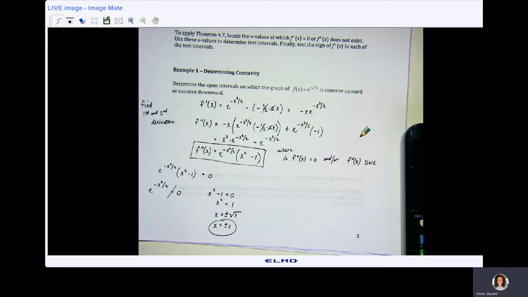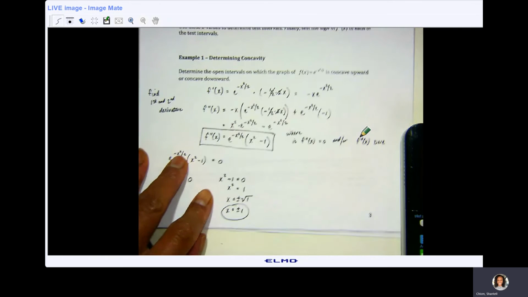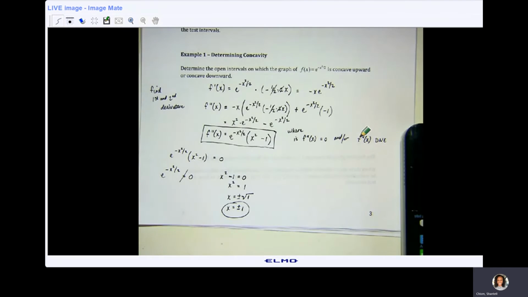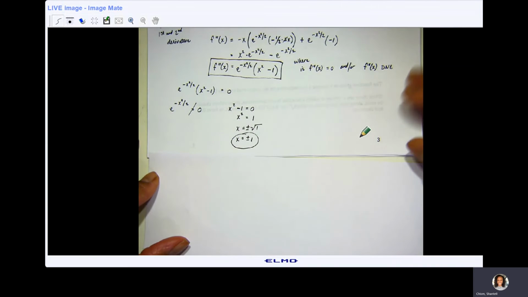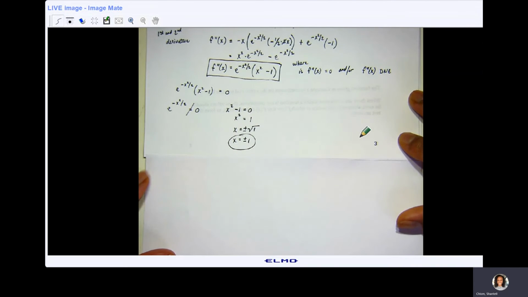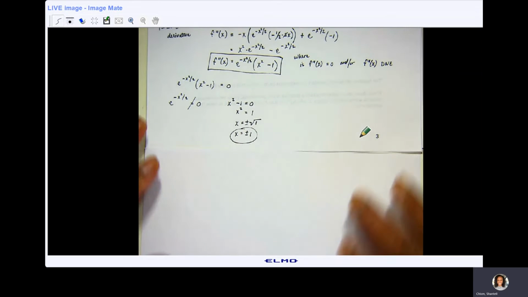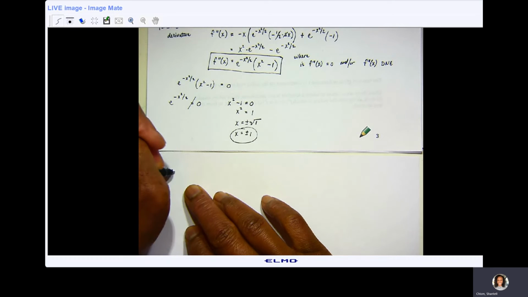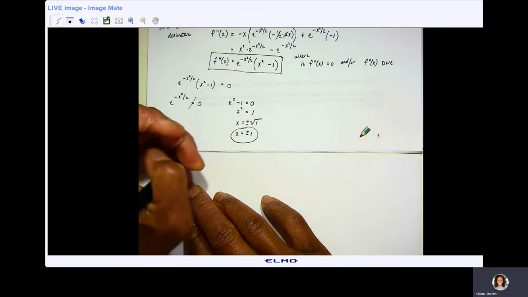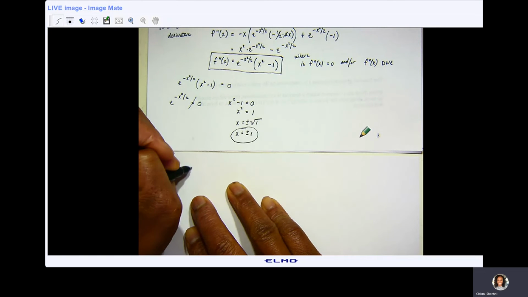So now we're going to use those values to set up our intervals, okay? Keep in mind our original function is continuous everywhere, going from negative infinity to positive infinity. So when we set up our intervals, we're breaking up the number line from negative infinity to positive infinity.